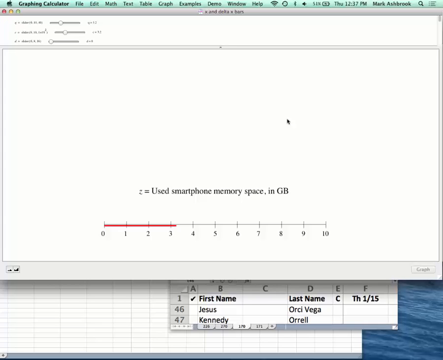How did I do? Is it a quantity? Used memory space. Is that a measurable quantity? Absolutely. Is it specific? Yeah, we've got a smartphone here, and we want to know how much memory is used up on that smartphone. I got my units, gigabytes. Okay, so I did a good job here.